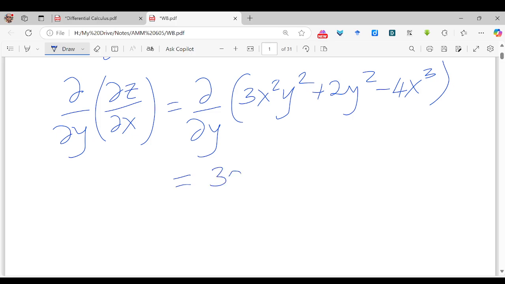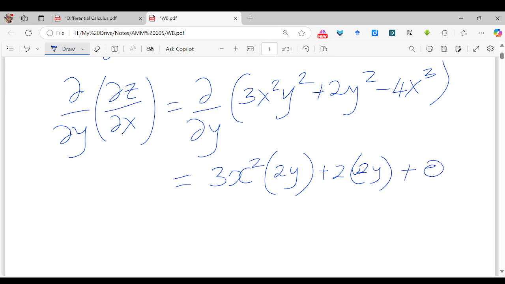Taking the first term, we differentiate partially with respect to y. So we are going to have 3x squared, and the derivative of y squared is 2y. Then plus 2 times the derivative of y squared, which is again 2y. And then we have 0 for the last term, because the last term does not contain y. So when we open the brackets, we get 6x squared y plus 4y.